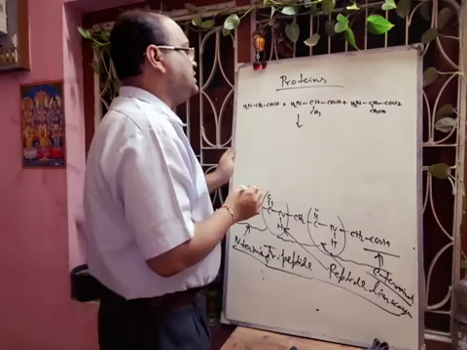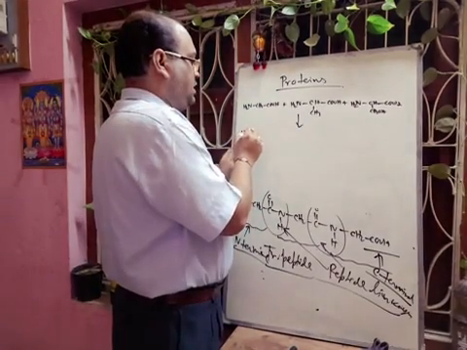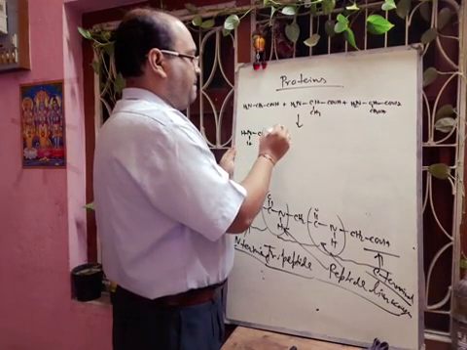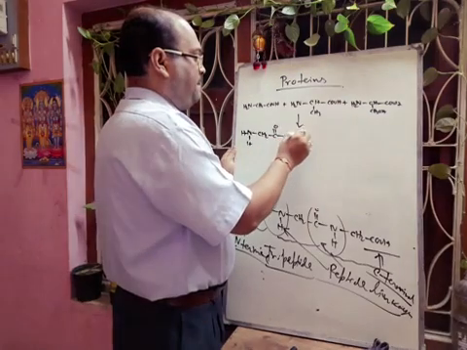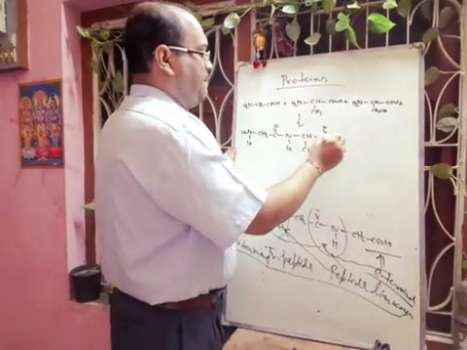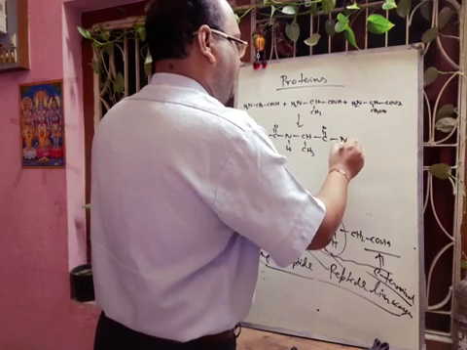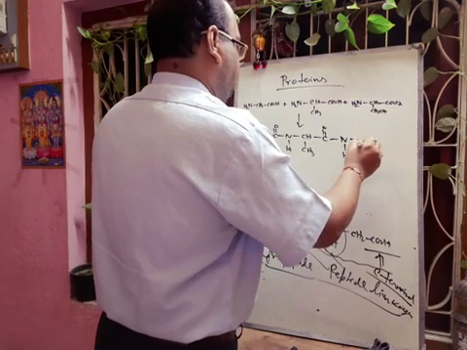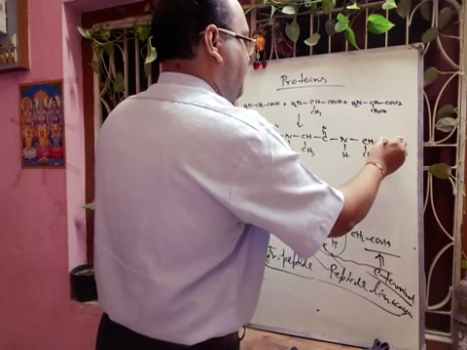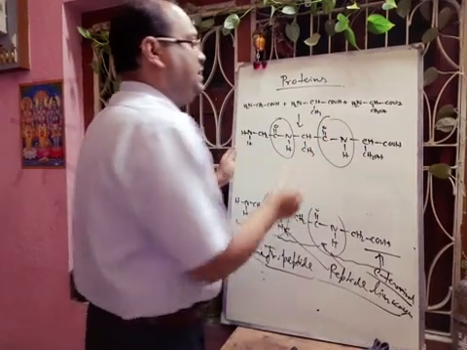Then if we form the peptide linkage, it will be like this. So this is one amide linkage and this is another amide linkage.